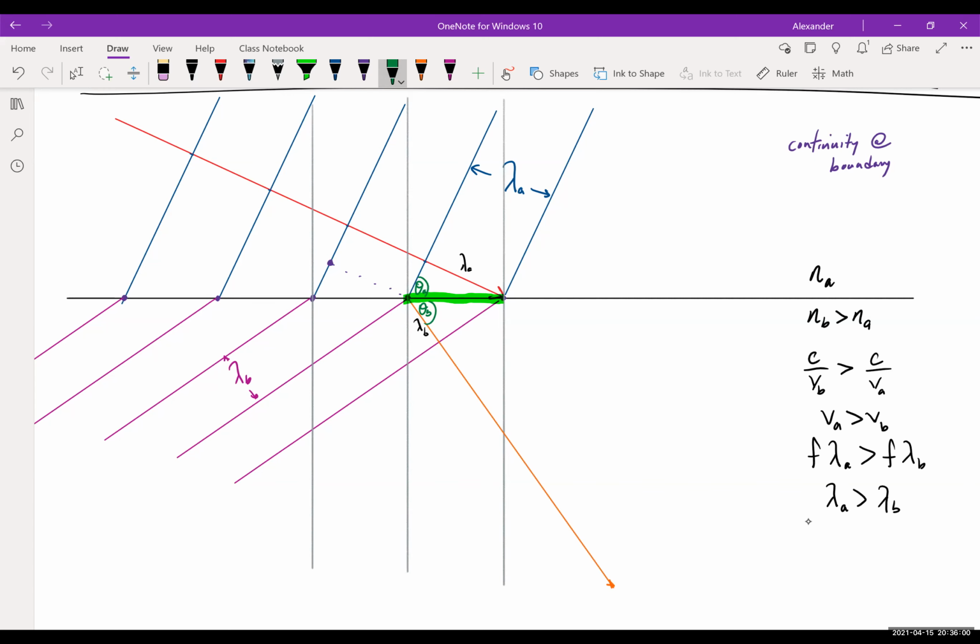Such that if we follow along with the geometry of things, this angle is theta A, the angle between the perpendicular to the boundary between the media and the ray coming in. And then this angle is theta B. Is that real?